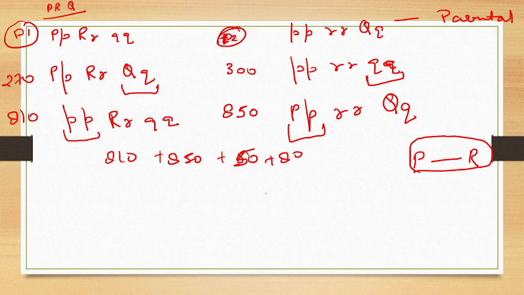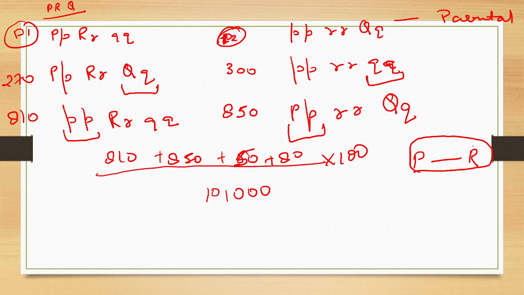You can calculate. The general formula is: identify the classes where recombination has occurred, upon the total number of classes, into 100. This is the formula. So the classes in which recombination has occurred between P and R: we have to consider the recombinations of P, and also the double crossovers.